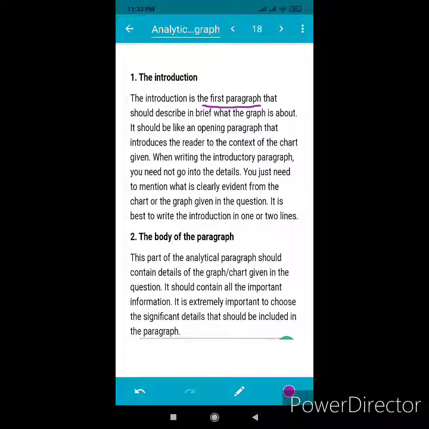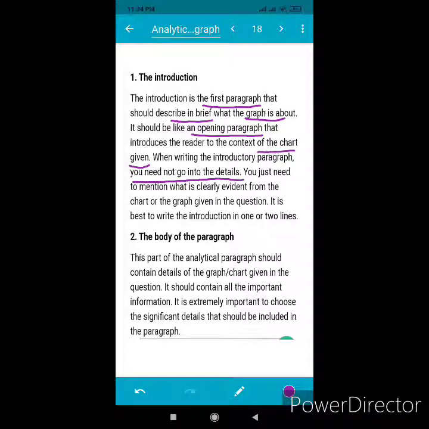Again, I'm going to explain about the format of the analytical paragraph. First, introduction. The introduction is the first paragraph that should describe in brief what the graph or chart is about. It should be like an opening paragraph that introduces the reader to the context of the chart given. When writing the introductory paragraph, you need not go into details.